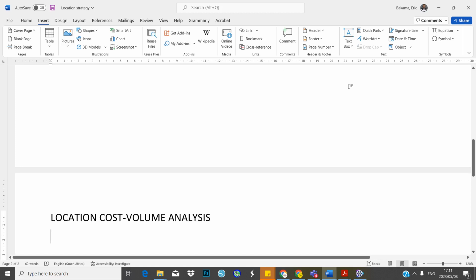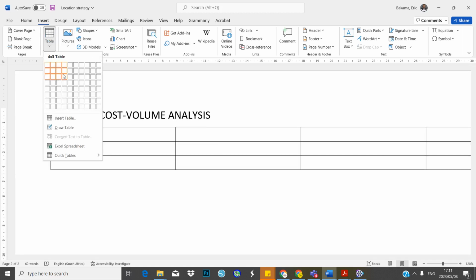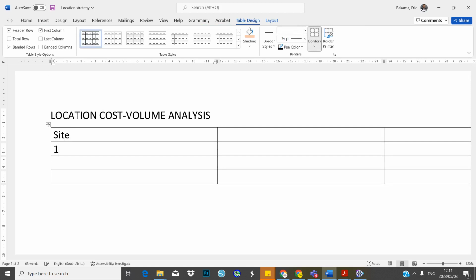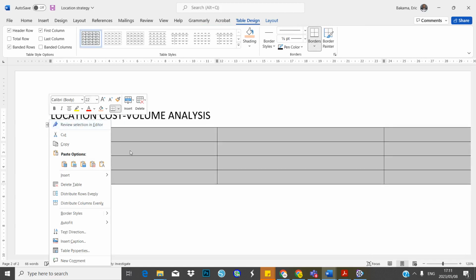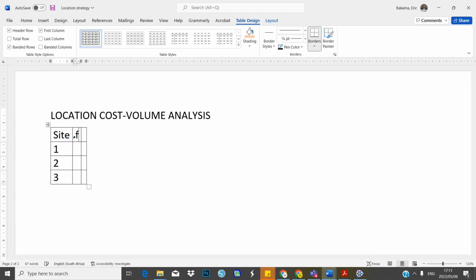So as we look at the exercise here, let me put back the table first, then we can decide from there. The very first one is the site. We have site number 1, number 2, number 3, and then let me auto fit to content. Then based on that, we have the fixed cost, and then here we have the variable cost.